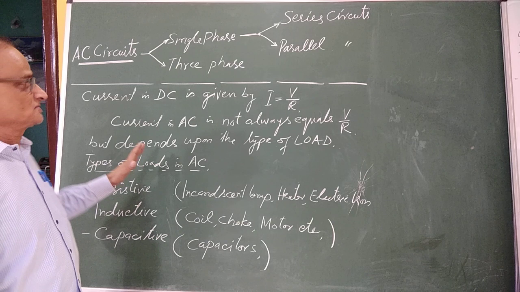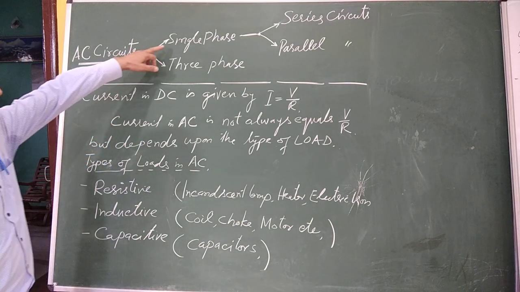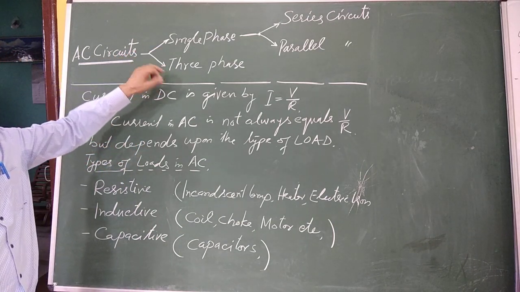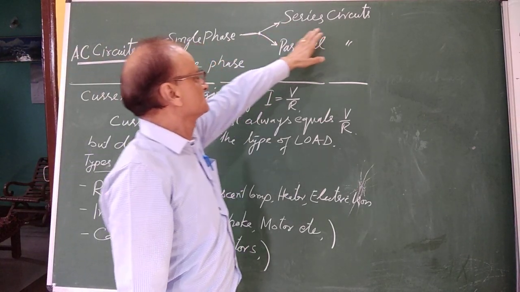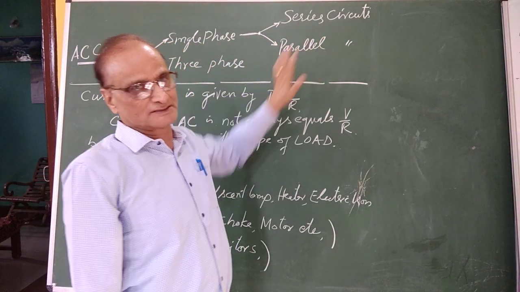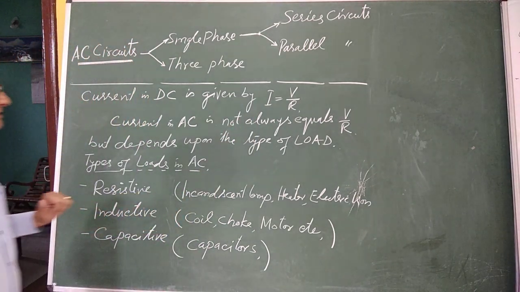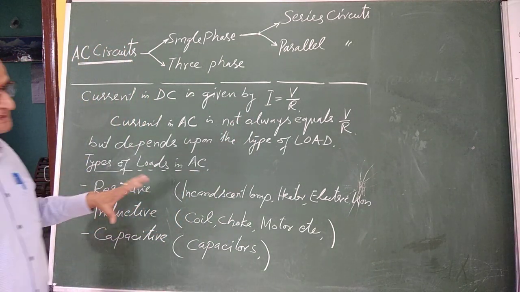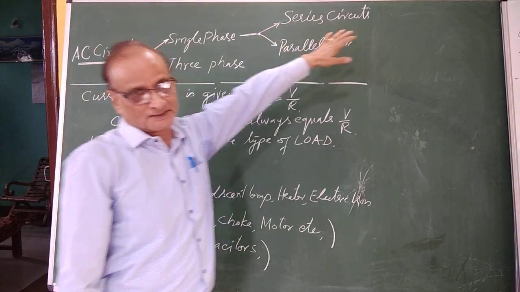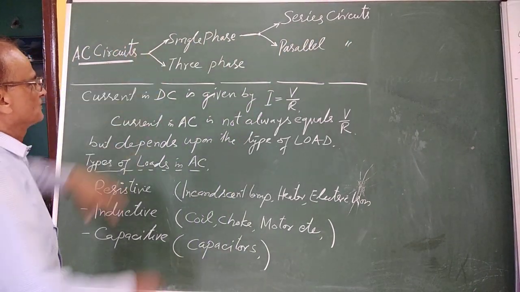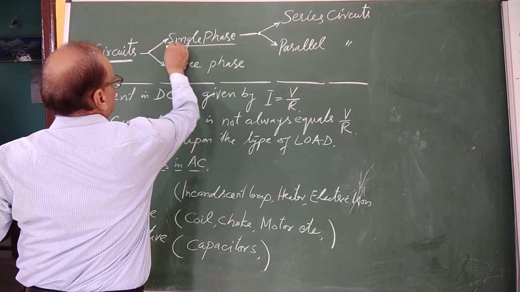AC circuits are classified into single phase circuits and three phase circuits. And single phase circuits are further divided into AC series circuits and AC parallel circuits. So today we will discuss the single phase series circuits. Today we are discussing only single phase circuits.